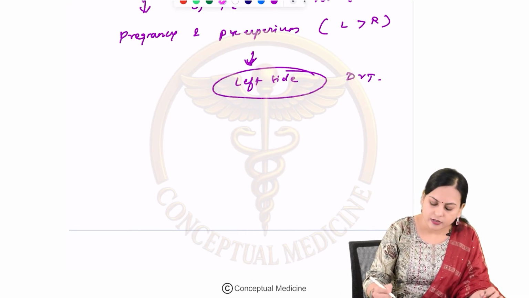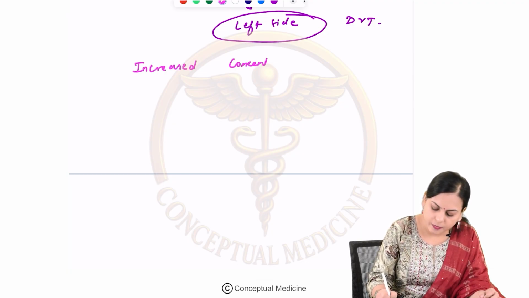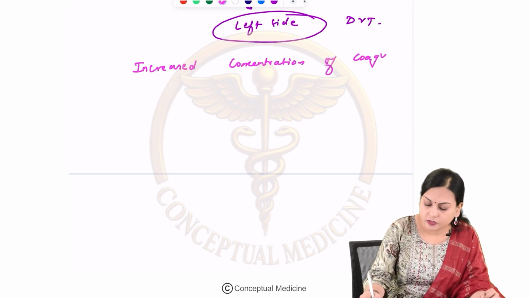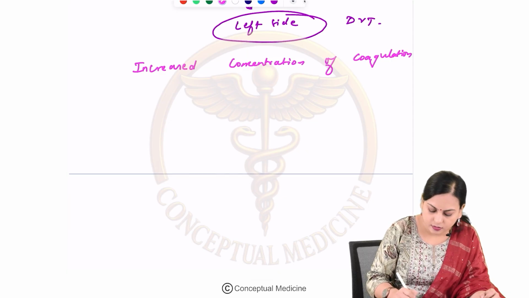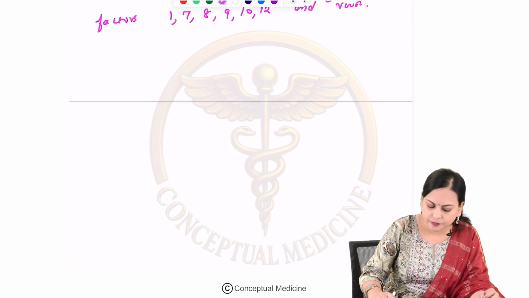Okay. So, there is also an increased concentration of coagulation factors 1, 7, 8, 9, 10, 12 as well as the von Willebrand factor.